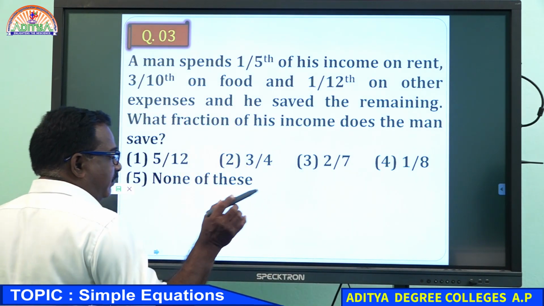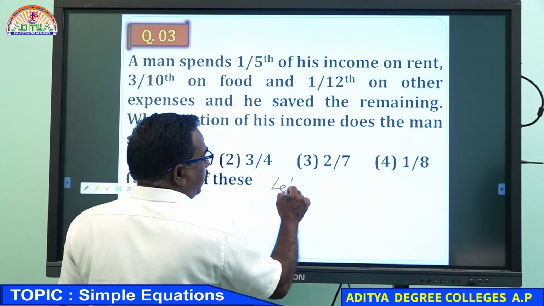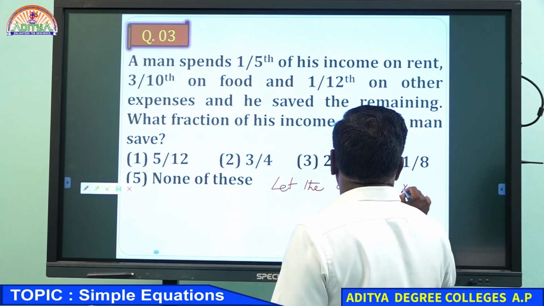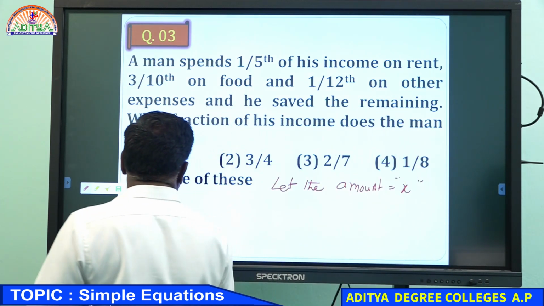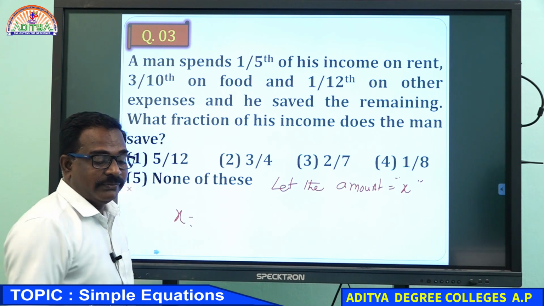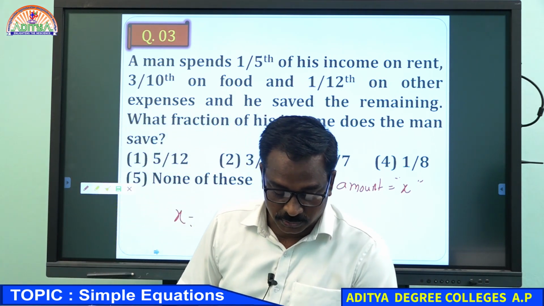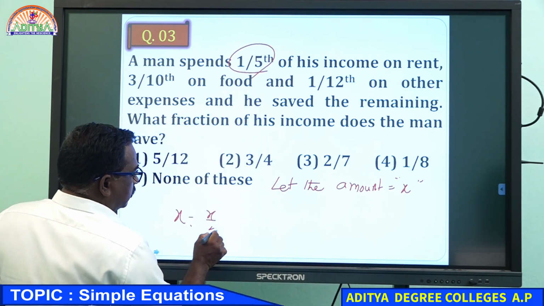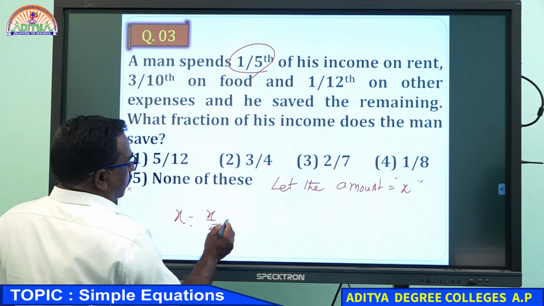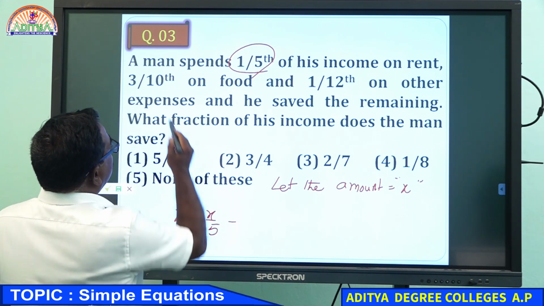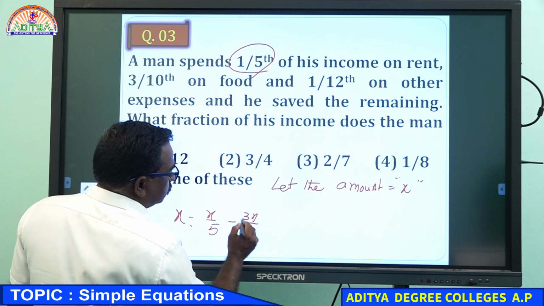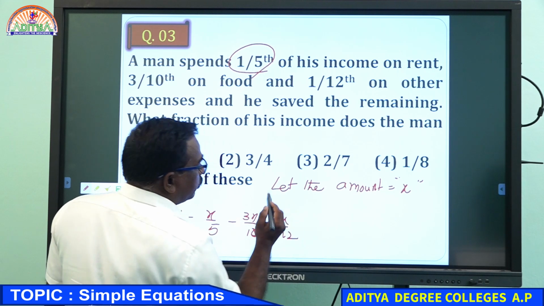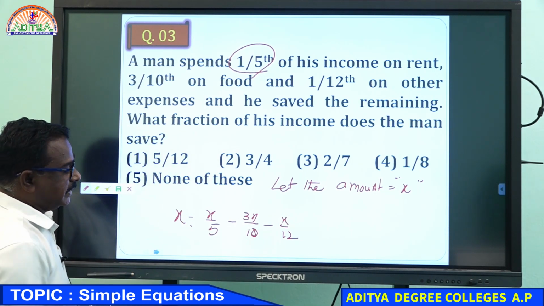If not, we can take an equation. Let the amount be X rupees. From this X, take away 1/5 of the amount on rent, 3/10 on food and 1/12 on other expenses.